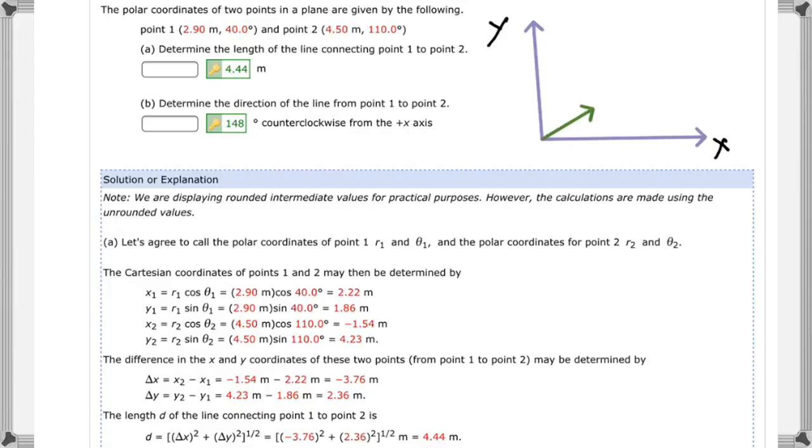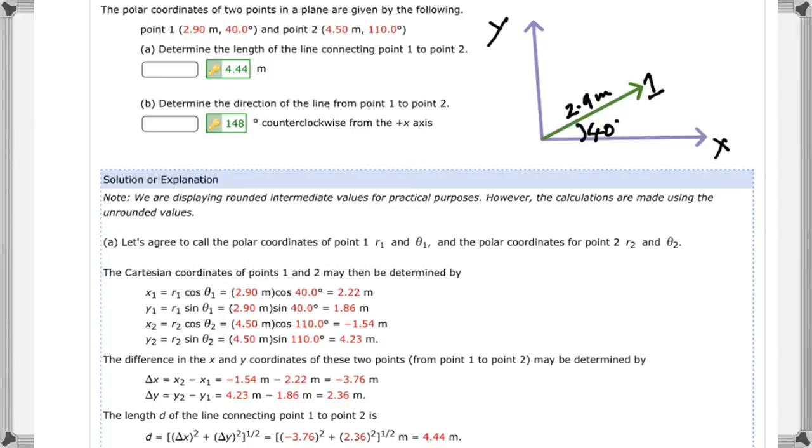So kind of this way, let's say 2.9 meters. So that is point 1. Means this angle should be 40 degrees, and the distance here is 2.9 meter.